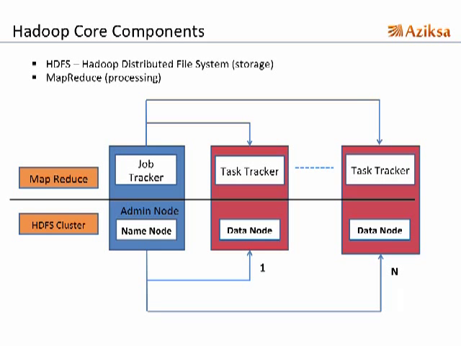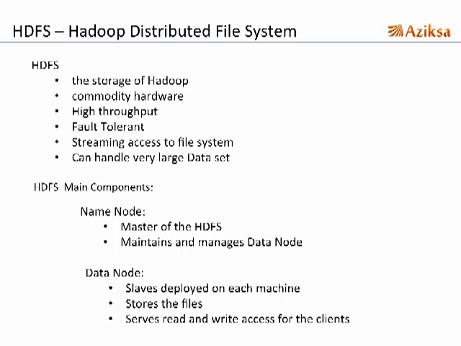Some of the attributes of HDFS are commodity hardware, so we're going to use regular server hardware; it is fault tolerant; and it has the ability to handle large amounts of data. One of the tricks used to optimize for these goals is the idea of a streaming file system.